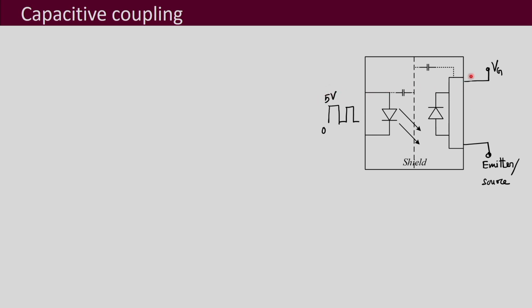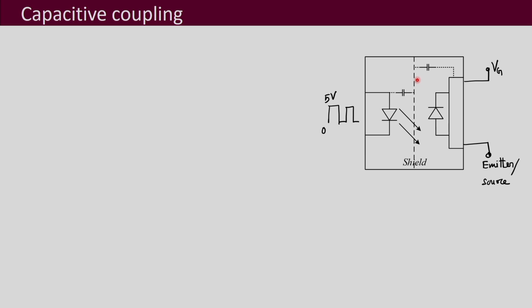What is the voltage level here as compared to what is the voltage level over here? This is different, and moreover these are changing. As this transition takes place, suppose it is going from high to low, voltage is changing, here also it is changing, and you have a capacitor in between.